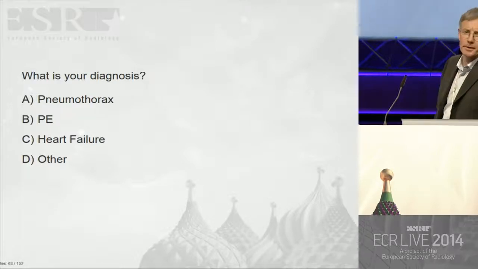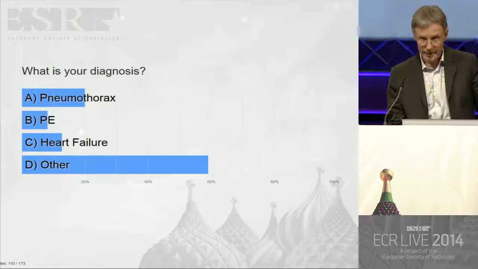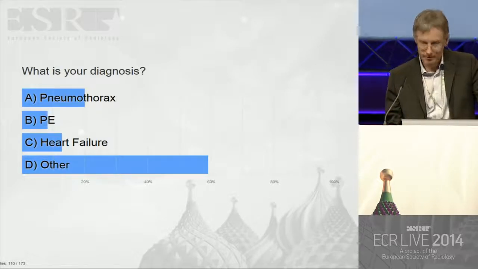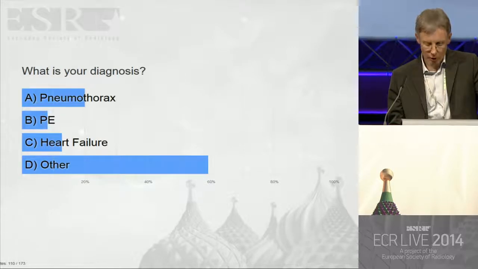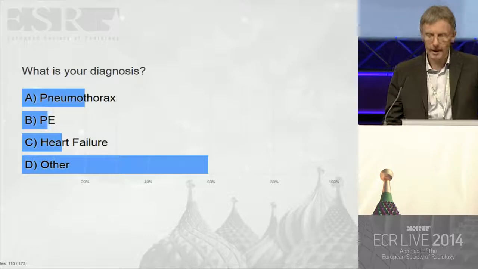Okay, we'll have the answers because we would like to finish exactly on time. Please show us the answers. Okay, other. Very good. Now I hope what you have noted is the position of the wire. So be careful to look at the wire and you will see that it has moved.